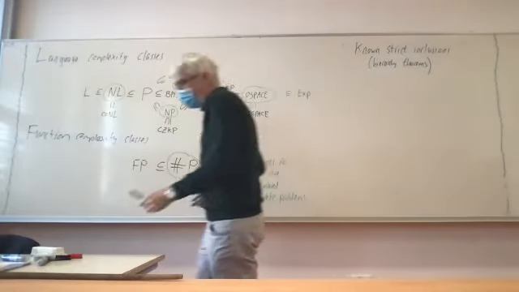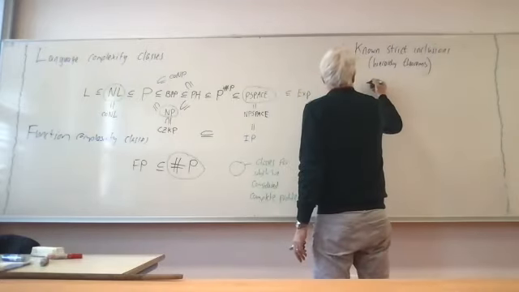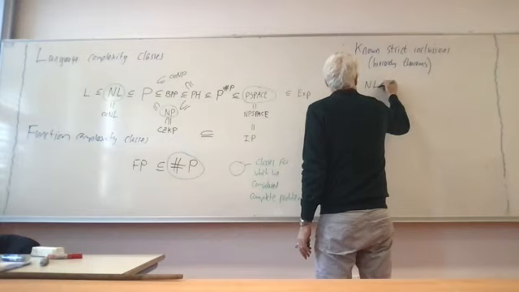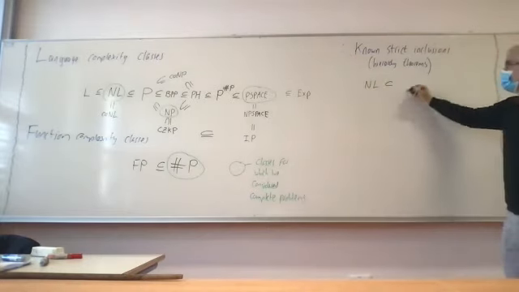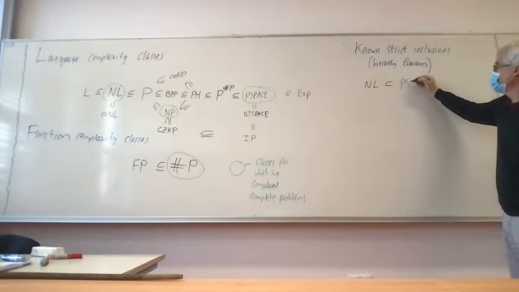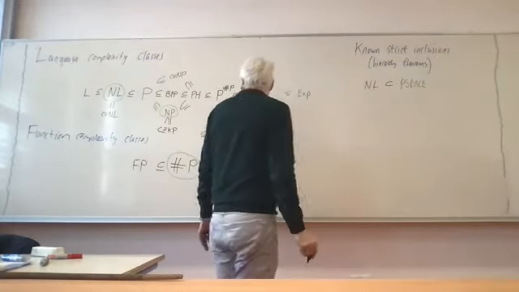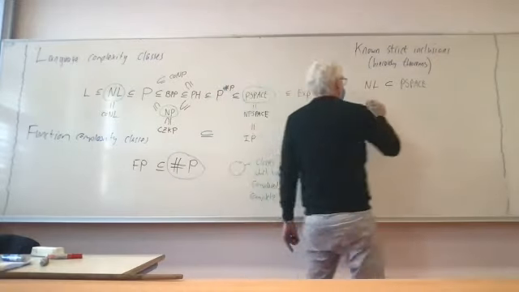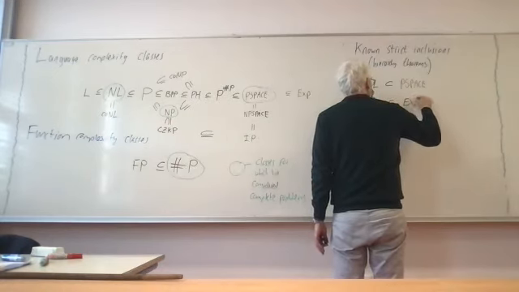But the known strict inclusions, the important ones, I might be missing something, are that non-deterministic logarithmic space is properly contained in P space, and polynomial time is strictly contained in exponential time.